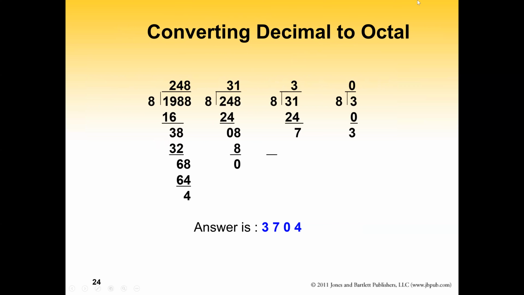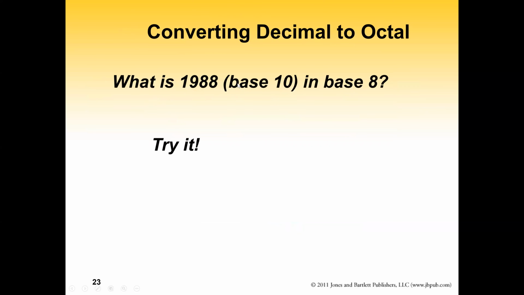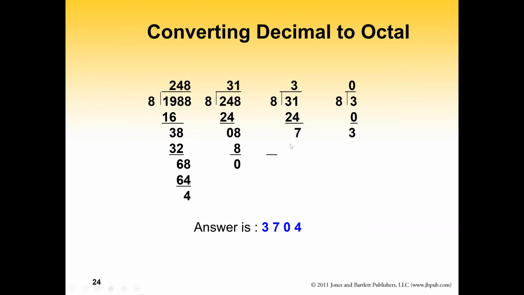So here we divide. When we divide 1988 by 8, remember the question here is converting 1988 base 10, so decimal to octal. So anytime we are converting decimal to octal, we divide by 8. Anytime we are converting decimal to hexadecimal, we divide by 16.